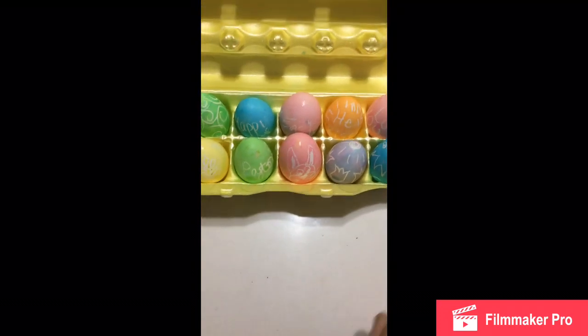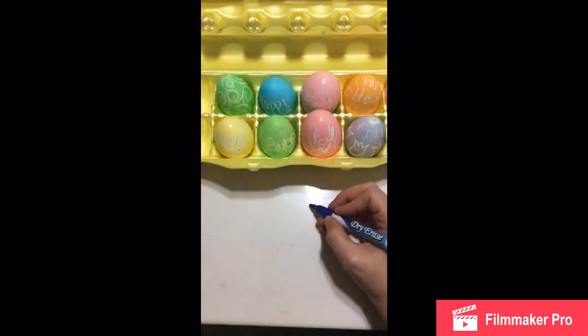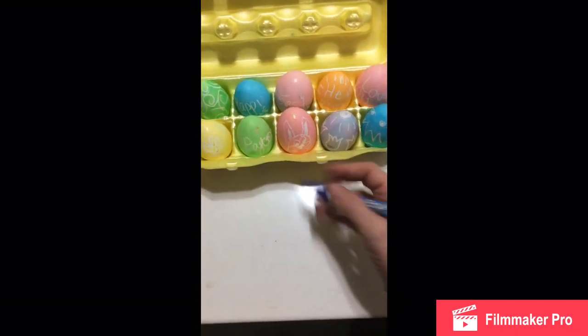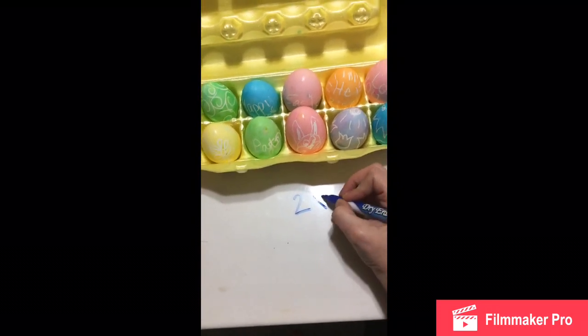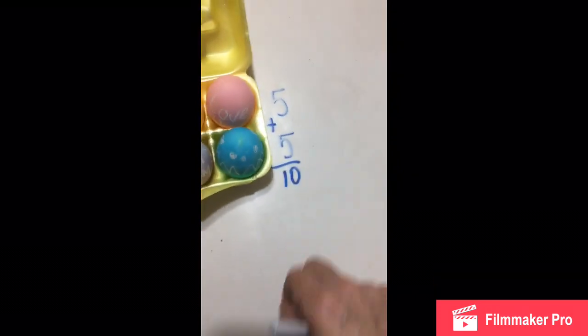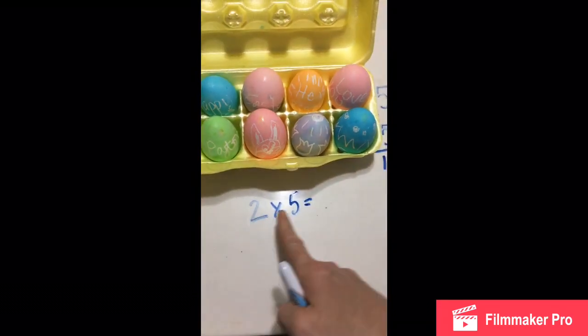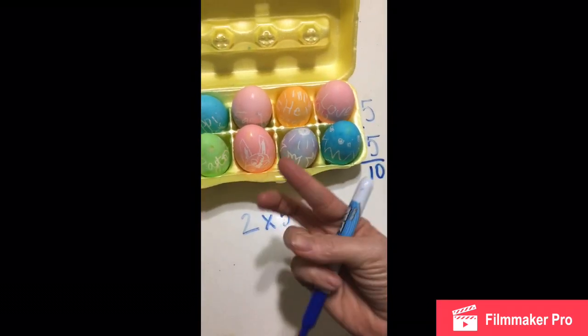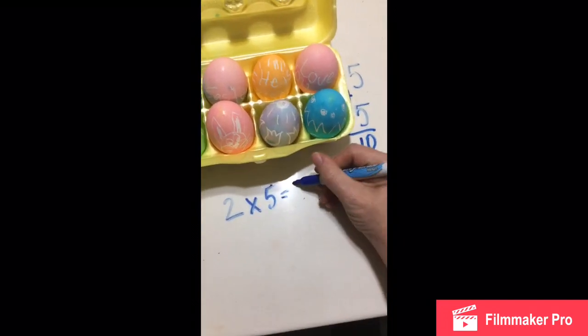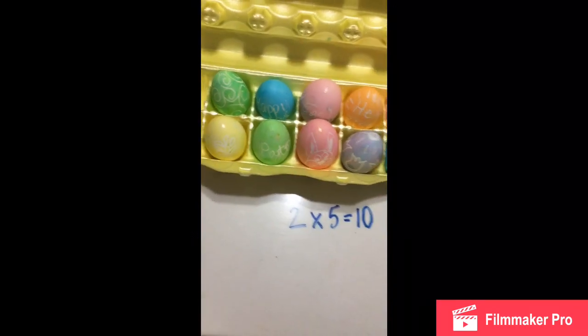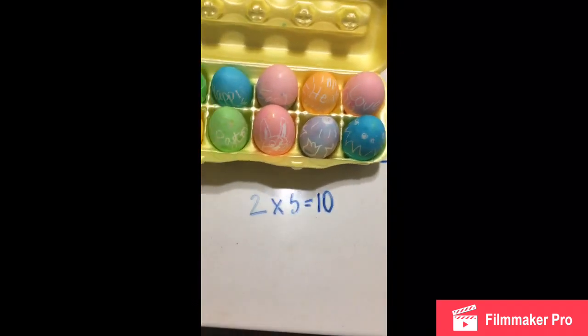Or you can set it up into, there are how many rows? 1, 2, and how many's in each row? We said 5. And you can skip count by 2s 5 times. So 2, 4, 6, 8, 10. So this is what an array is. It's just rows and columns.